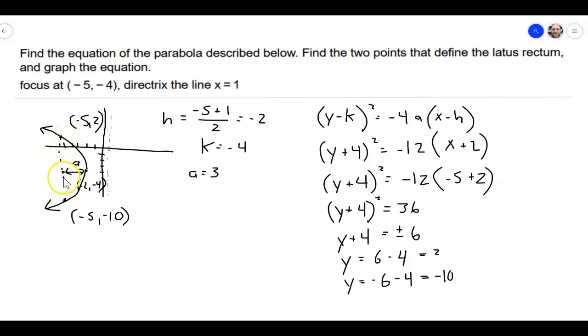That's the line that goes through the focus right there, and it helps us graph this parabola so we know what points it goes through. If I was doing this on a test or something, I'd probably wait to draw my sketch until I knew where those latus rectum points were.